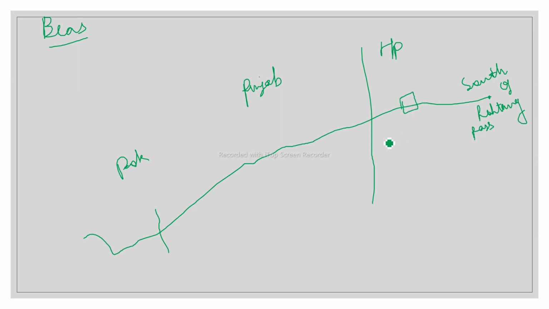So here in Himachal Pradesh we have an important dam. This is called Pong Reservoir, and it is also called Maharana Pratap Sagar Dam.